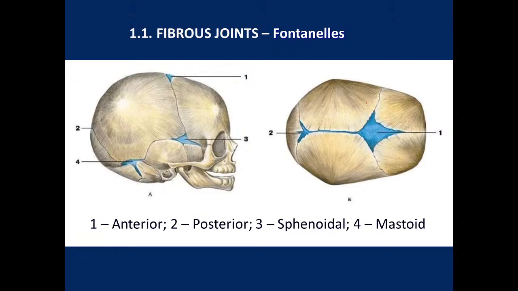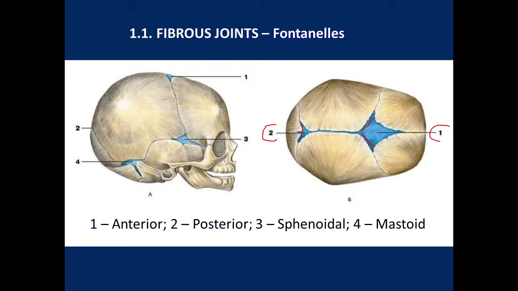The largest fontanelle is the anterior fontanelle, which is located between the frontal bone and two parietal bones. The second is named the posterior fontanelle, and it is located between the occipital bone and two parietal bones. These two fontanelles, the first one and the second one, are unpaired.